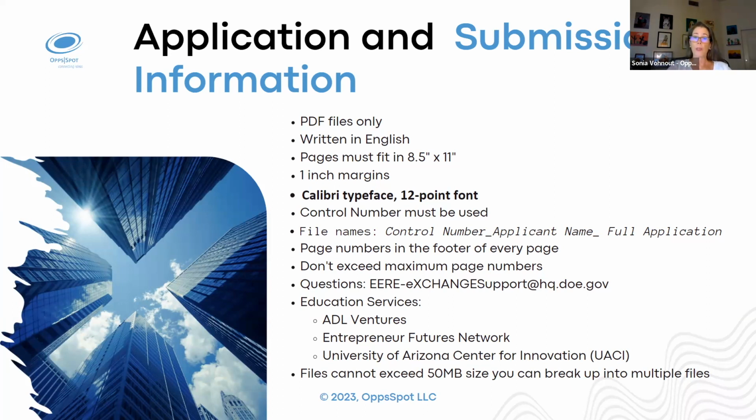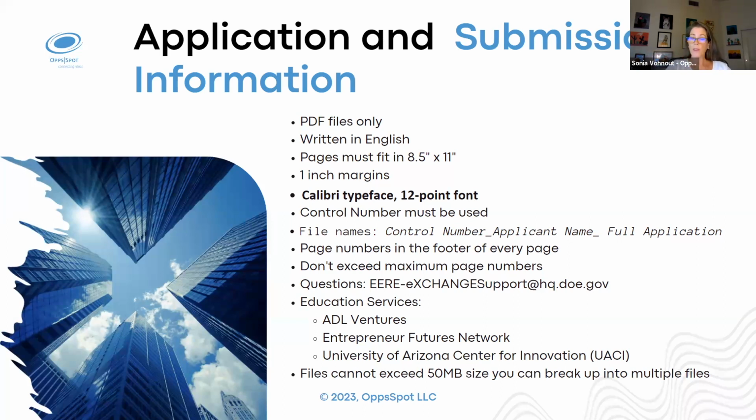Don't forget your control number. I describe what that file naming convention should look like. Put page numbers on all the footers. Don't exceed the maximum number of pages. I believe topic number 1 is no more than 15. Topic number 2 might be no more than 12, but I think I have a slide on that. Any questions, contact the EERE Exchange.